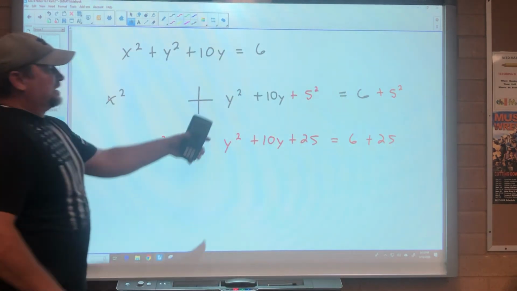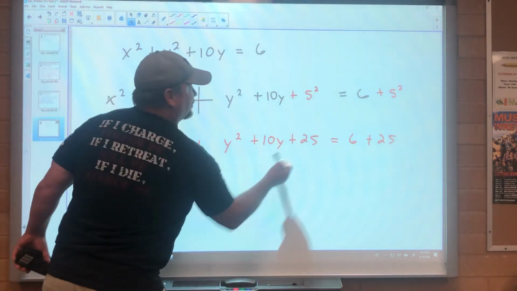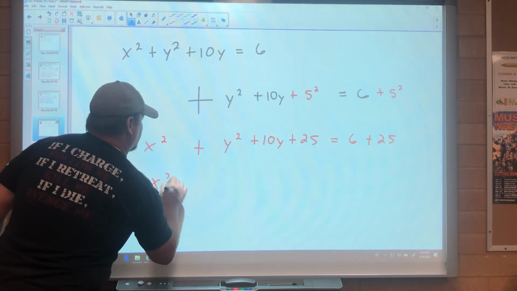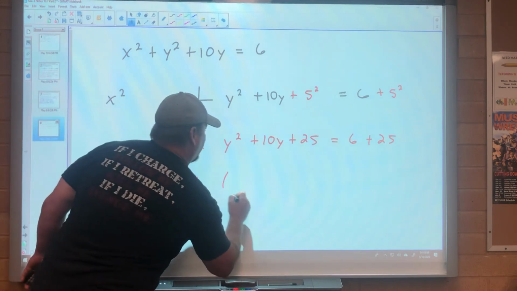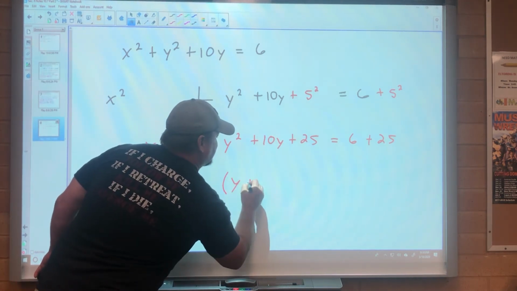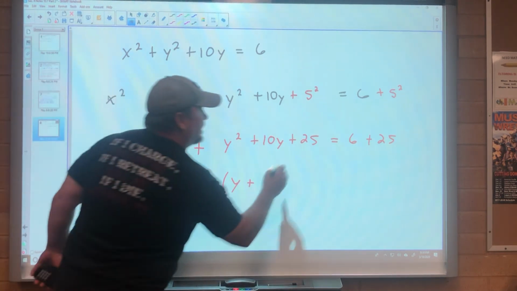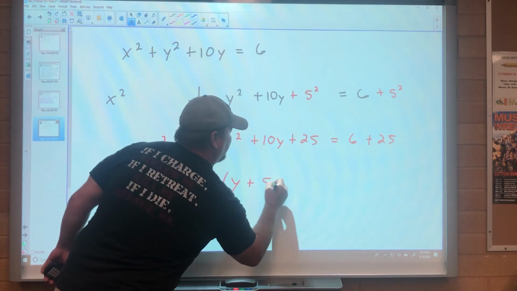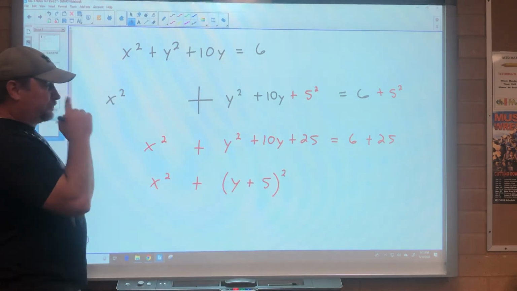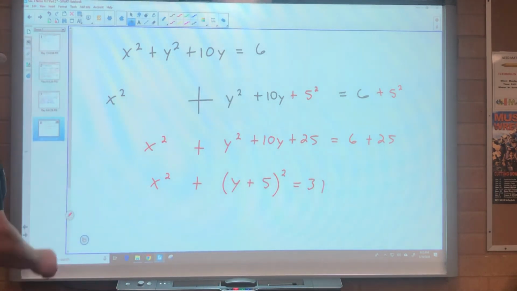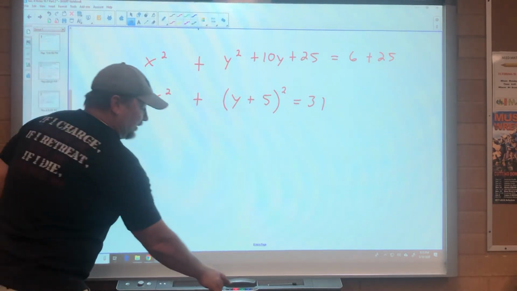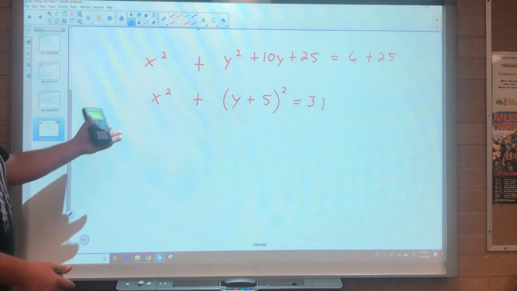Well, that's nice because now we know that this is a perfect square trinomial. So this stays what it is. Big plus sign, parenthesis, y, bring down the sign. The middle sign's the one that comes. Square root of 25 is 5 with the square. Equals 31. Well, now we can actually find our center and our radius because now it's in the right form.